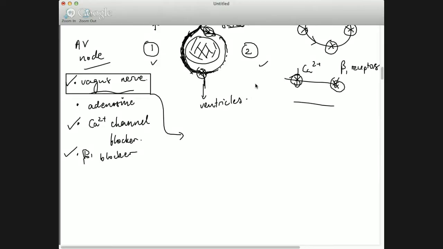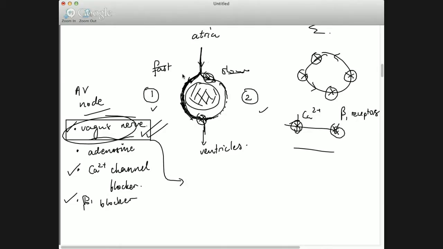Your baroreceptor reflex will cause a vagal stimulation of your sinoatrial node and your atrioventricular node in an attempt to slow down your heart rate. So when your vagus nerve is stimulated by your baroreceptor reflex, the AV node will be blocked. This re-entry circuit will terminate.